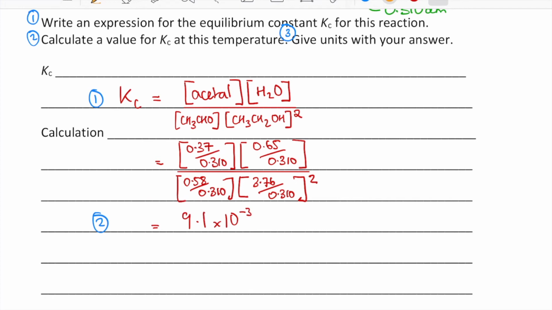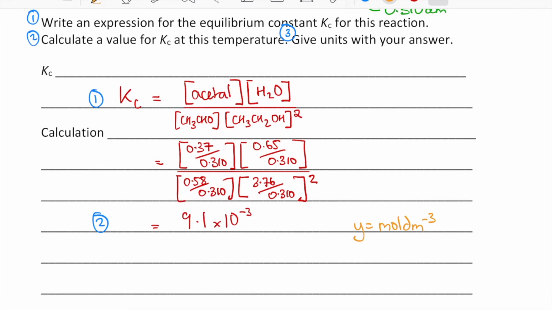So I'm going to show you a method which might make it a little bit easier for you. If you don't find this useful, then just ignore it. But what I'm going to do is let y equal moles per decimeter cubed, and then I'm going to put y in my equilibrium constant expression, focusing just on the units.